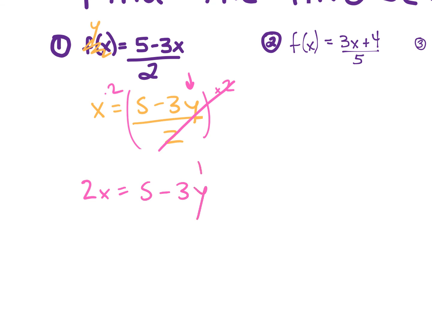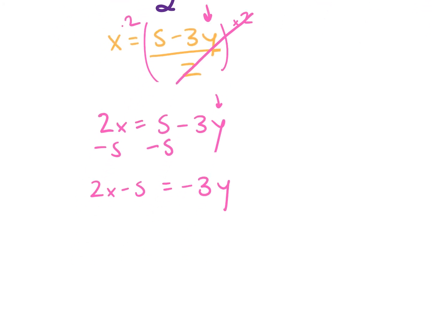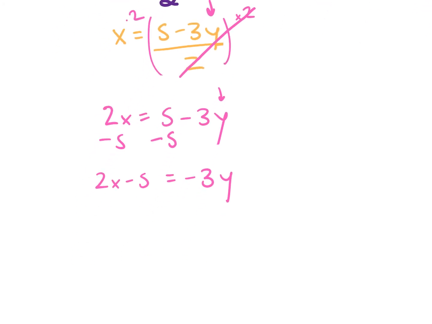Now again, we are solving for y, so I want to undo everything on the right side. So next I'm going to subtract 5 on both sides. So 2x minus 5 is equal to negative 3y. And then since negative 3 is being multiplied to y, to move that to the other side, I'm going to divide both sides by negative 3. So this is 2x minus 5 divided by negative 3.